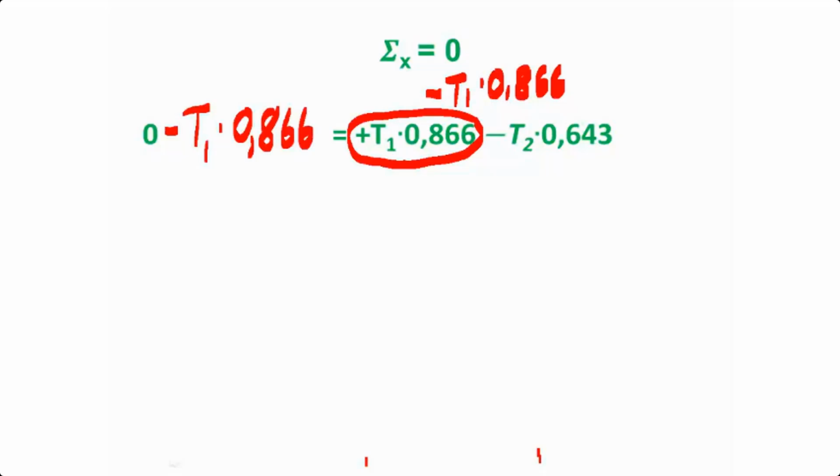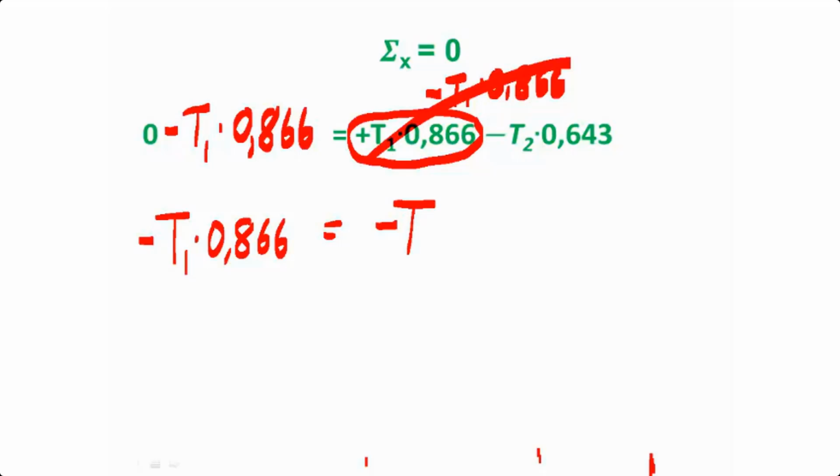So what that does is it makes minus T1 times 0,866 is equal to plus T1 0,866 minus T1 0,866 makes 0. So that cancels away. So it's equal to minus T2 times 0,643. We can divide both sides by -1 to get rid of the minus signs. And then I can give T1 in terms of T2, or the other way around.